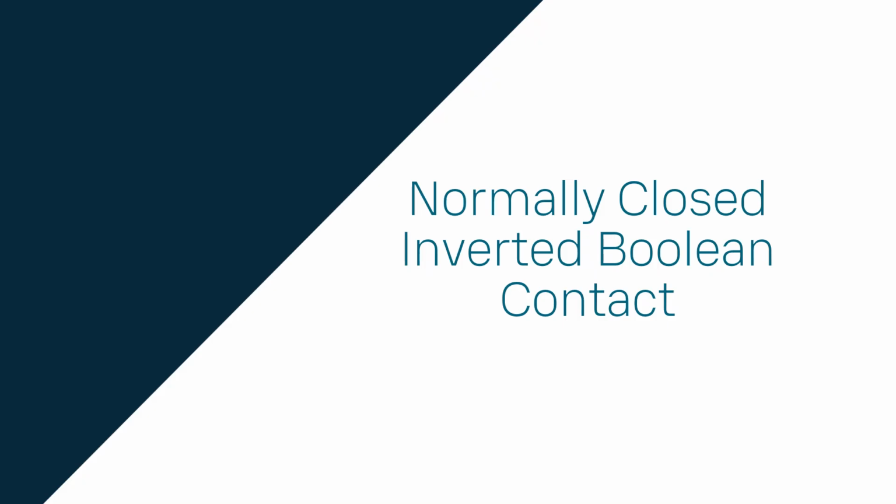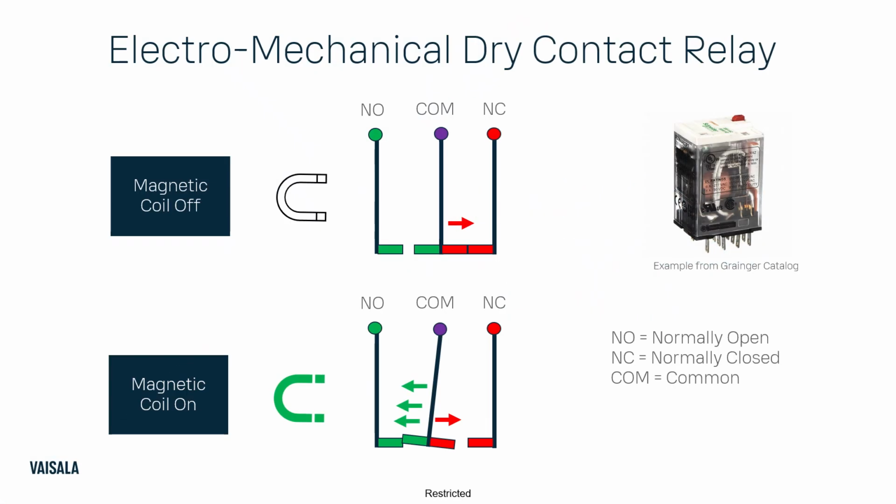One of the things about it is you have to invert the Boolean on it, because if you don't invert the Boolean value on it, you're going to end up with the alarm being tripped all the time, and turn off when it's actually an alarm state.